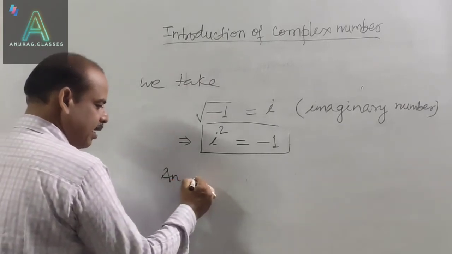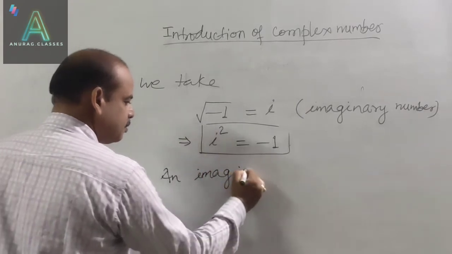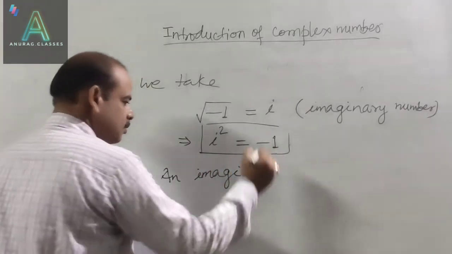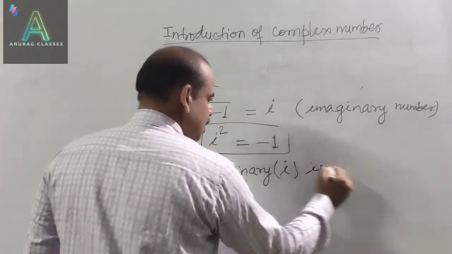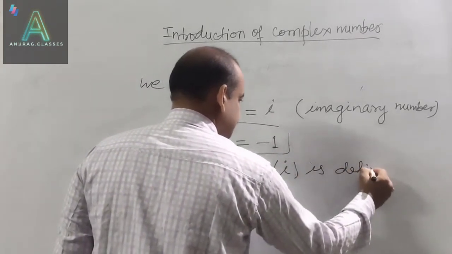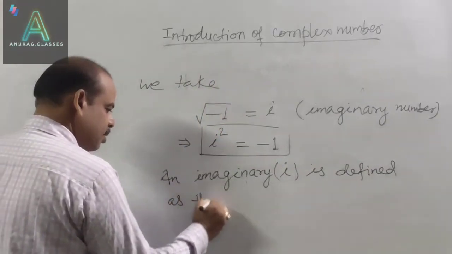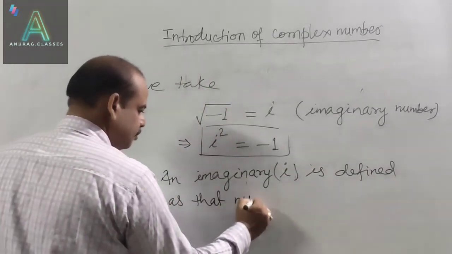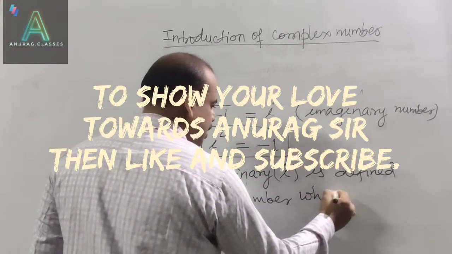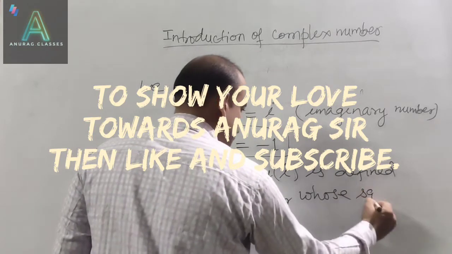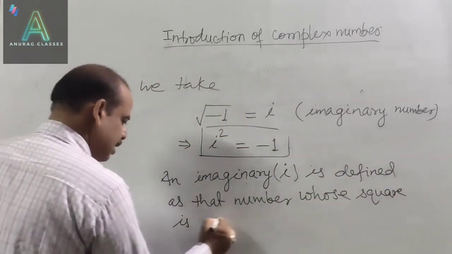So how can we define the imaginary number? We can write that an imaginary number iota is defined as that number whose square is minus 1.